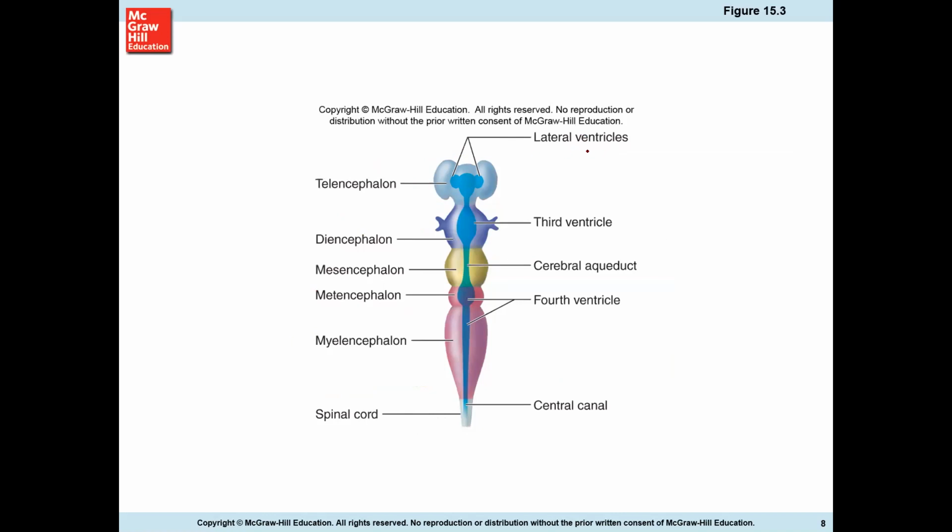But the cavities that contain CSF, cerebrospinal fluid, just so we're clear on what CSF is. CSF is fluid. It's mostly water, of course, like any other fluid, but it has lipids. It has some sodium. It has a little bit of glucose. We're not exchanging nutrients, though.